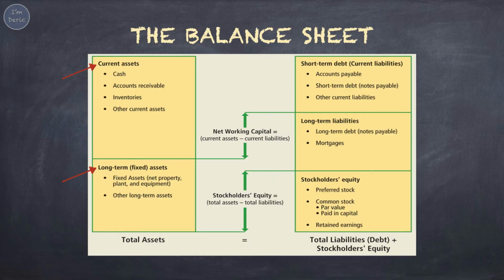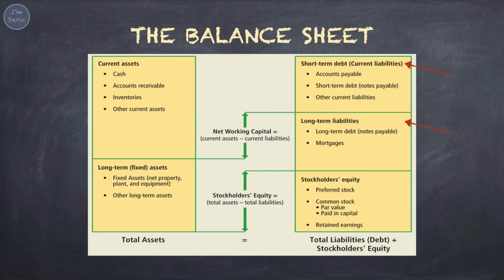Accounts receivable means the amount of money that you have not collected from the customers after selling the products. Another part, the long-term assets or fixed assets, are the items of a more permanent nature, such as property, plant and equipment. Current assets plus fixed assets, you will get the total assets.